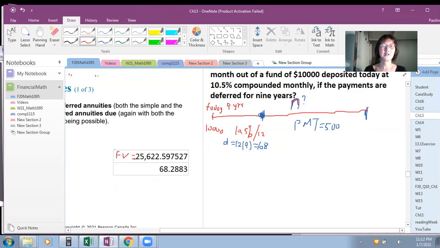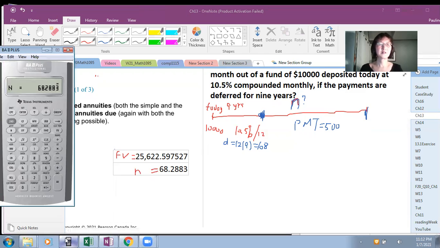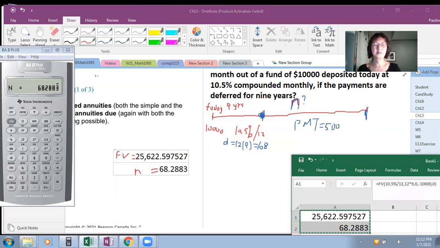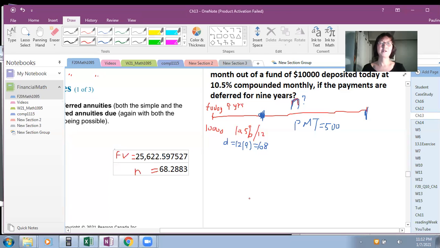And the second number is the term for the annuity. All right, so this question solved for term N.